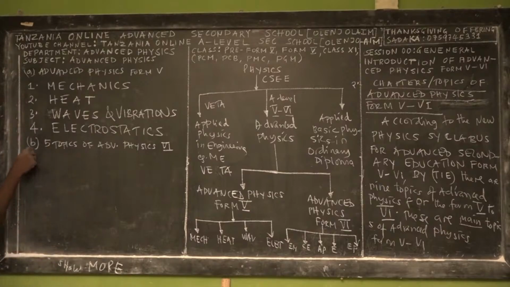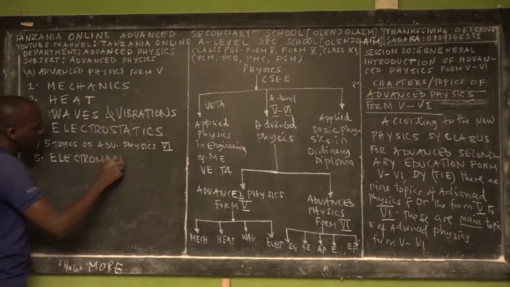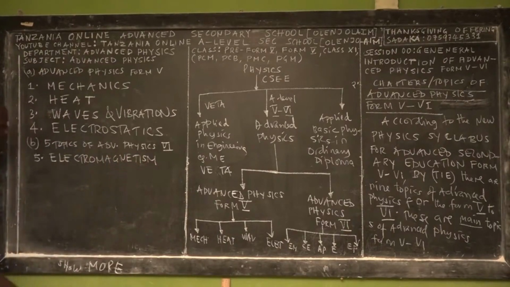The first one, which will be number 5 in this sequence, is called electromagnetism. One of the interesting topics, electromagnetism. Very important for electrical engineers, very important in real life application. Electromagnetism, say it with me, electromagnetism.